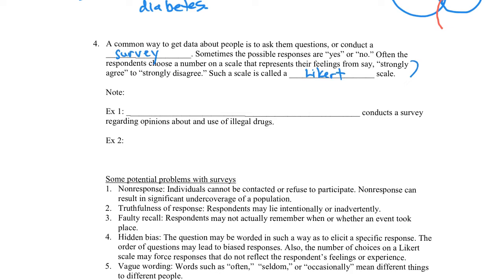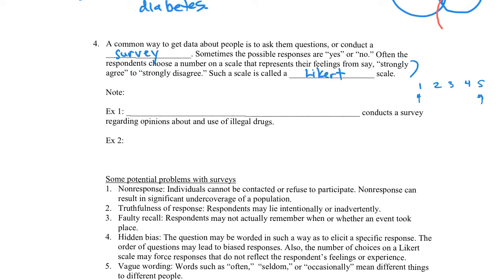There's some controversy with them. We may talk about this later, but basically if you have a scale that looks like this, maybe strongly agree is 1, strongly disagree is 5.